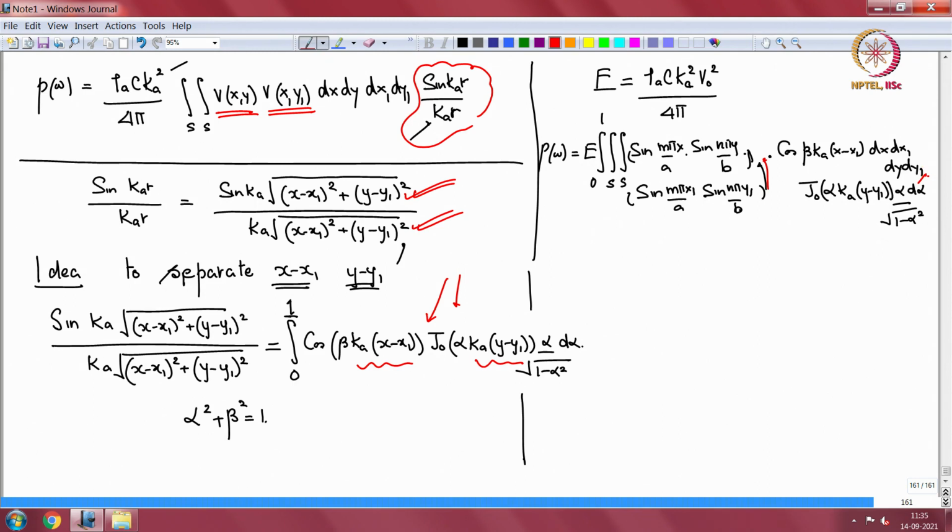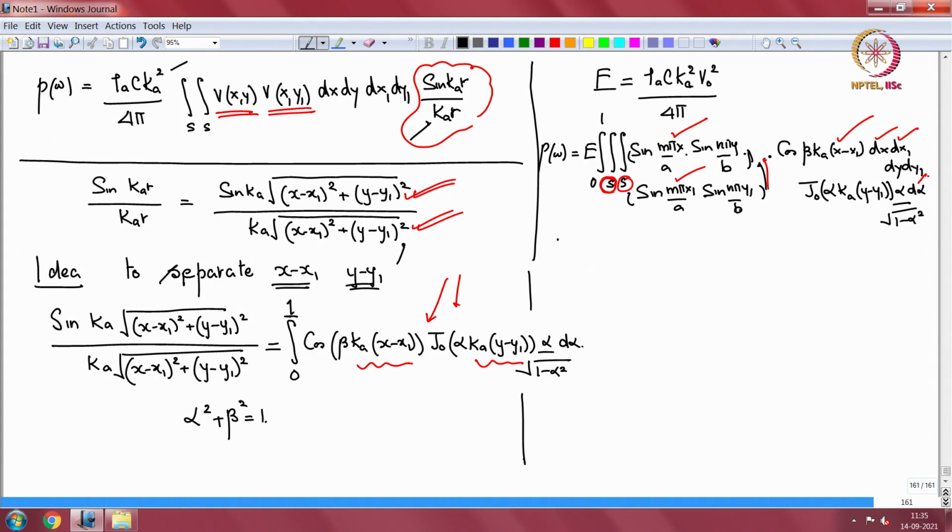Okay, now we see that x comes here, x1 comes here, so I have dx dx1, then I have x minus x1 coming here. So we will just look at the x and x1 integrals. Okay, so this S is a surface area integral, so 0 to a, 0 to b, same here. So out of that we are looking at the 0 to a twice.